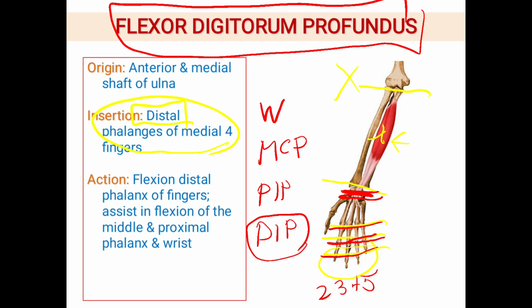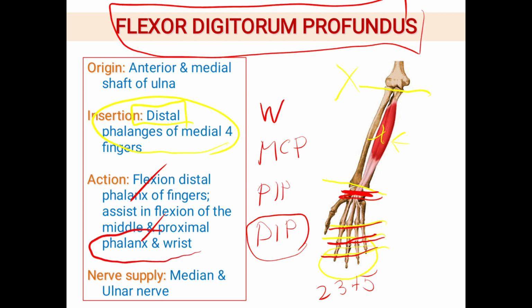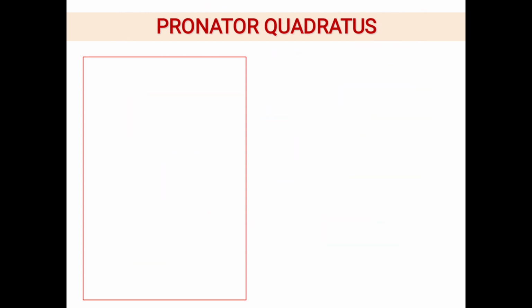Okay, so flexion of the distal phalanx, assisting in the flexion of the middle and proximal phalanx. Okay, the wrist. So if you observe, the wrist is the most proximal joint it moves, not the elbow, because it doesn't cross the elbow. Okay, so the last one will be your pronator quadratus.